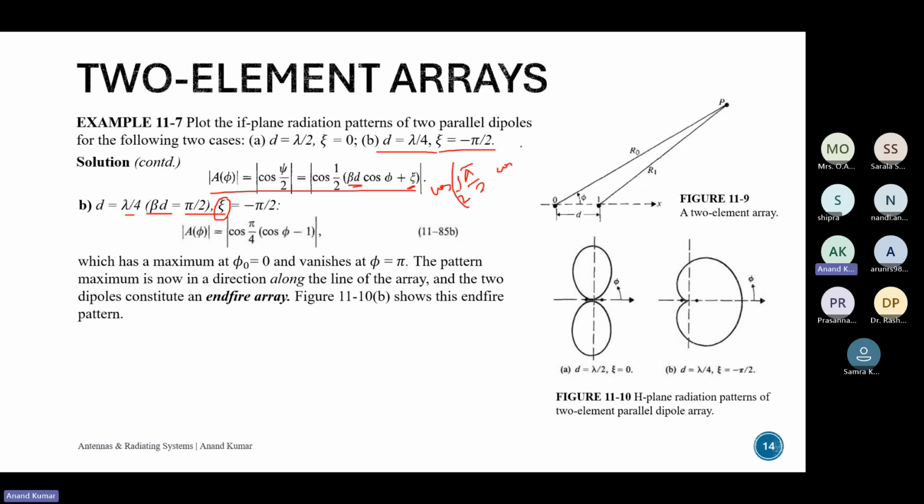We have cos pi over here, and we have minus pi by 2 over here. Okay, so this will multiply to give us cos pi by 4.